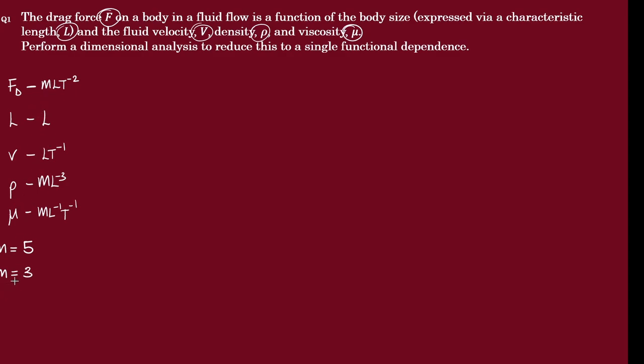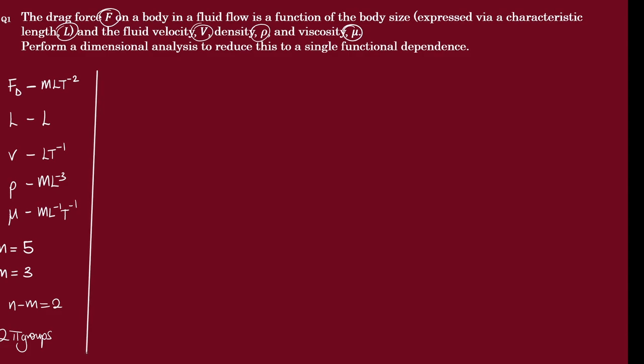So m is going to be equal to 3. The number of our pi groups, the real good part of Buckingham Pi, is n minus m, which is equal to 2. So we're expecting two pi groups when solving this problem.